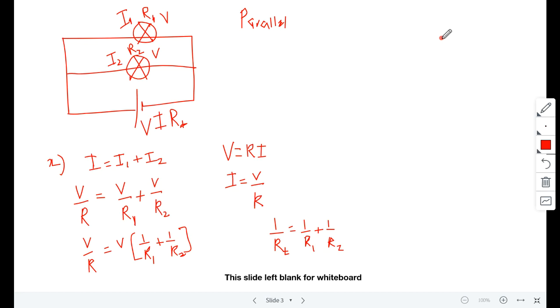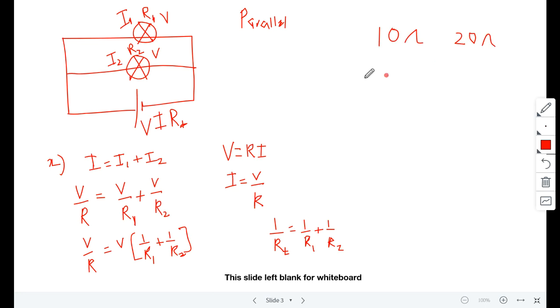Okay, written it down. Now the question is: there are two resistors that are connected in parallel. One is 10 ohms and the second is 20 ohms. You have to calculate total resistance.